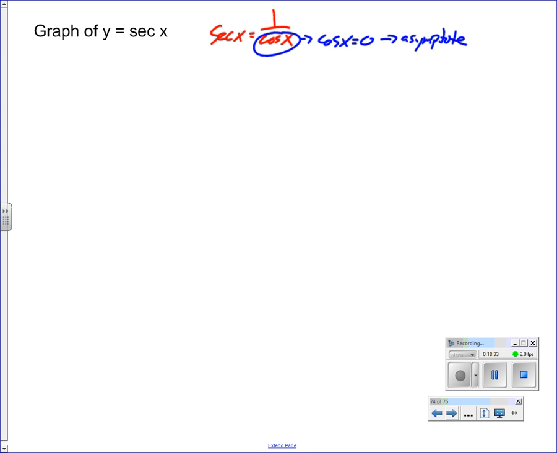So the way we graph secant, and you'll see a similar process for cosecant, is we start just by graphing our regular cosine function. We'll work with radians for this one.